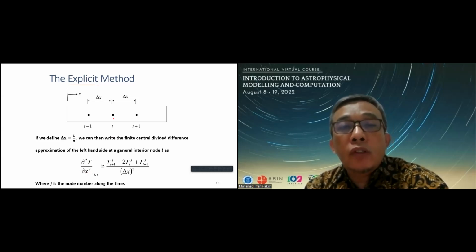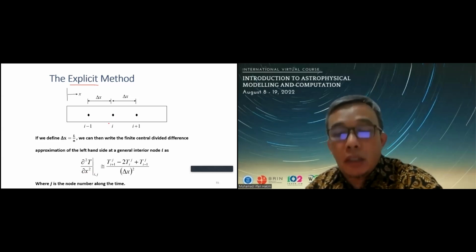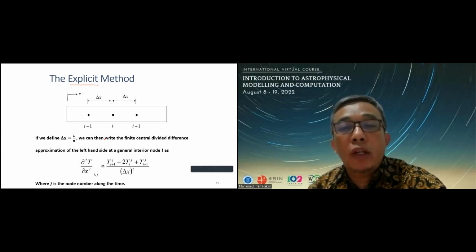So if this is node i, it depends on another node here, node i+1 and node i-1.